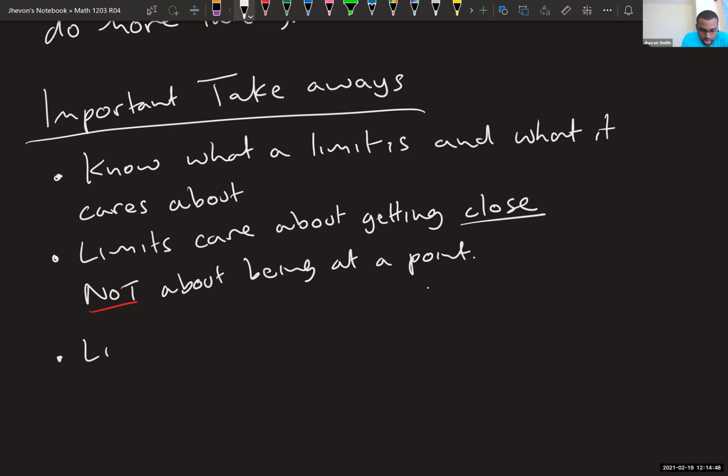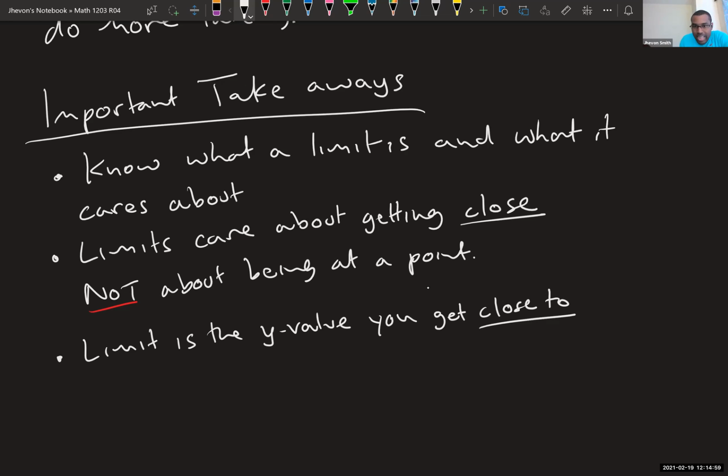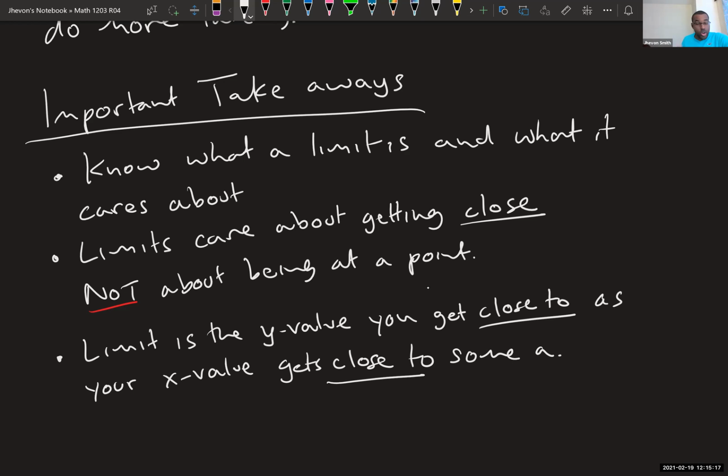So the limit is the y value you get close to, right? You don't have to get there, as your x value gets close to some a. And again, you don't have to actually be able to get there.